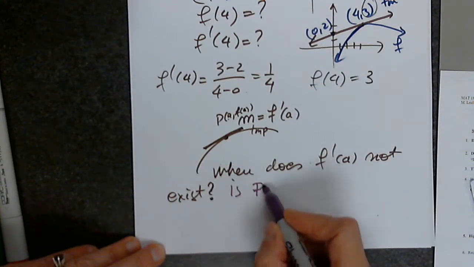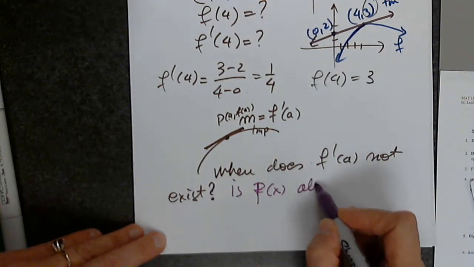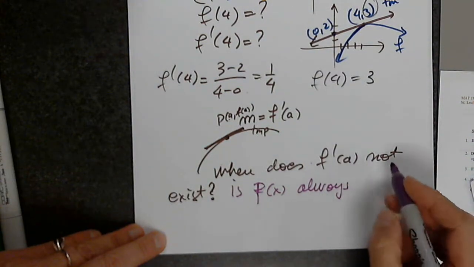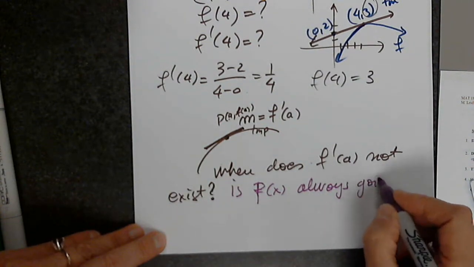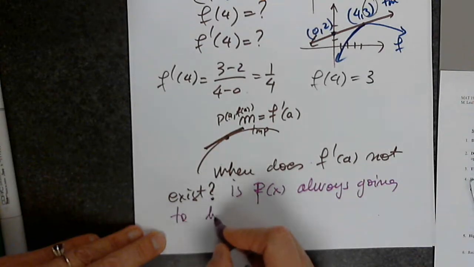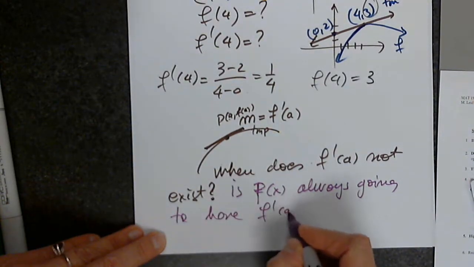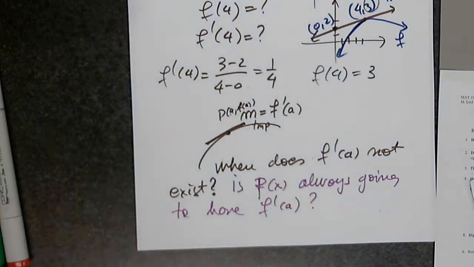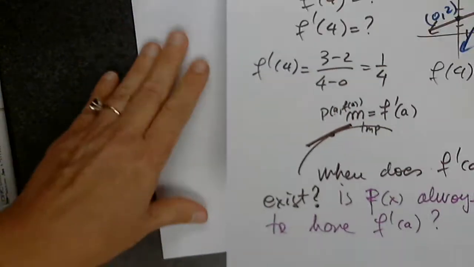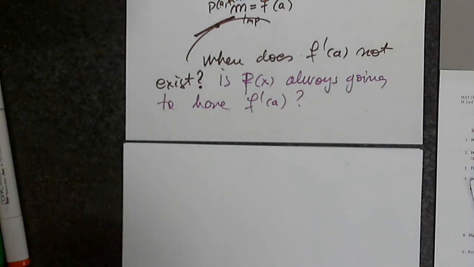Is f of x always going to have f prime of a at any point? Here are three situations.